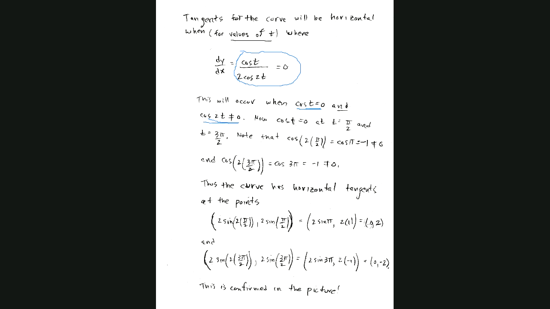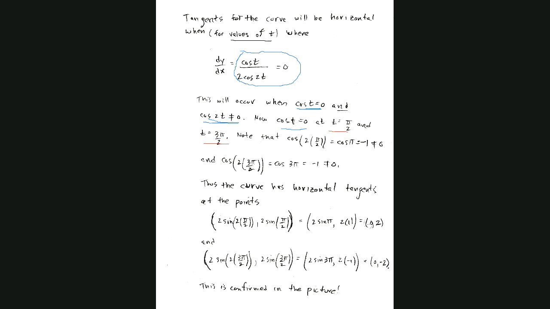Well, based on your trigonometry knowledge, the cosine of t equals 0 when t is 90 degrees and t is 270 degrees, when t is pi over 2 and t equals 3 pi over 2. Those are the values that make the cosine equal to 0. If you graph the cosine function on your calculator, you'll see at pi over 2 the cosine is 0, and at 3 pi over 2 the cosine is 0.